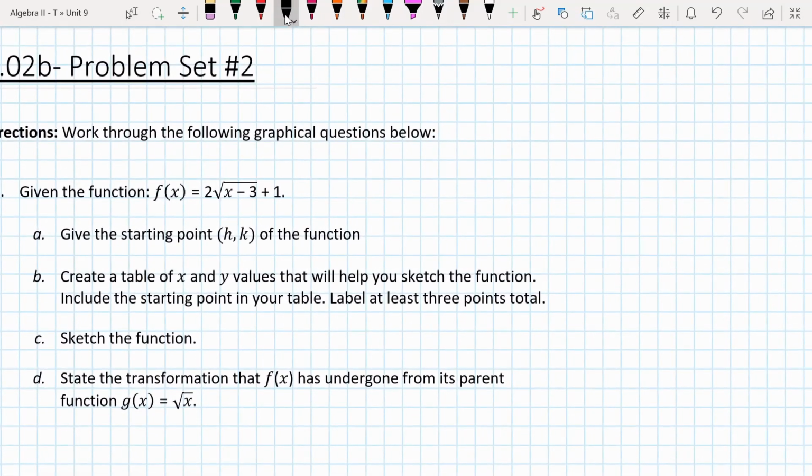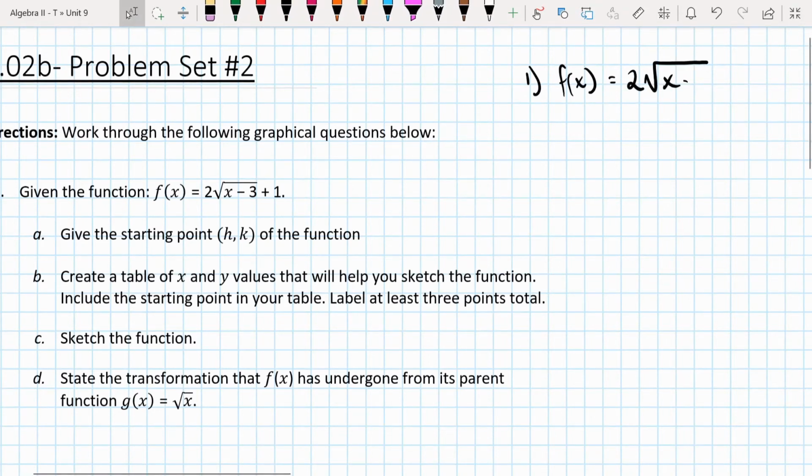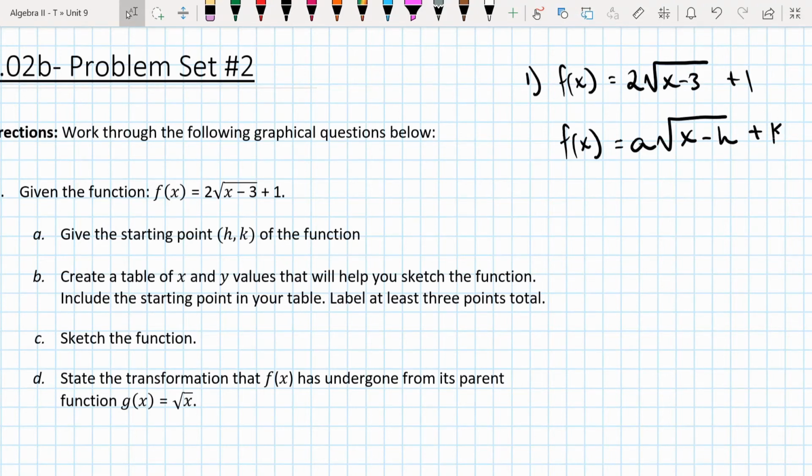Let's start by first rewriting the function over here, and then I want to give the general form of a transformed radical function. So here's our radical function. The general form that we've seen before is the square root of x minus h, plus k.